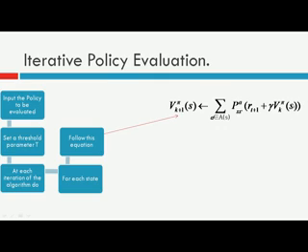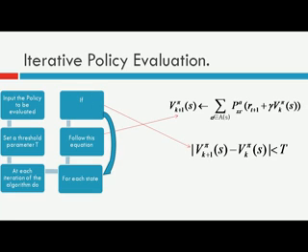You will use your previous value function for this state. So follow this for each possible state in each of your iterations, and if the difference between the value of a state s at level k plus 1 and at level k is less than this threshold parameter, then you can stop this algorithm.